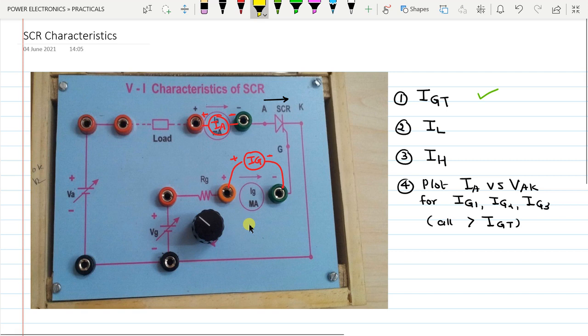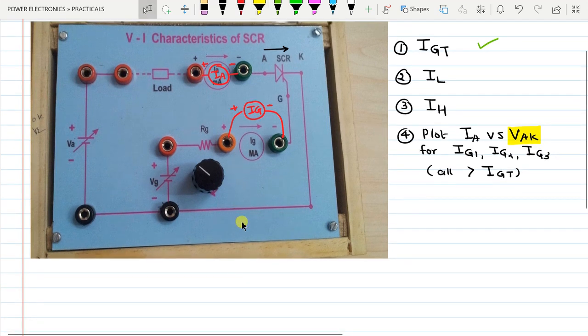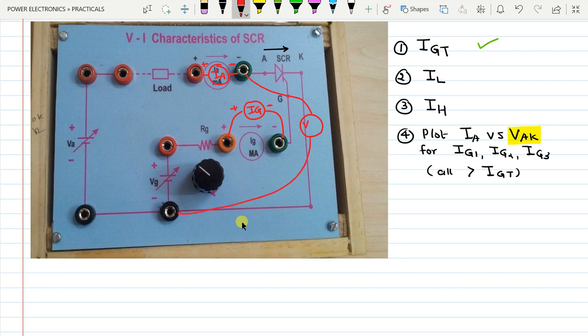And because we have to measure the voltage VAK, that is the potential difference between anode and cathode, we need one more voltmeter. So the voltmeter is connected here between anode and cathode, to measure VAK, plus and minus.